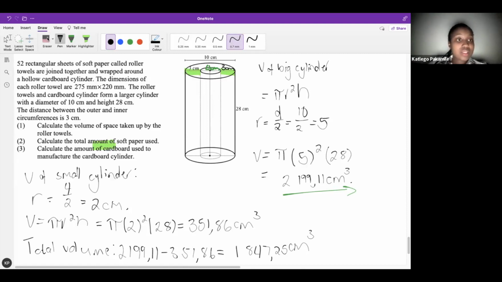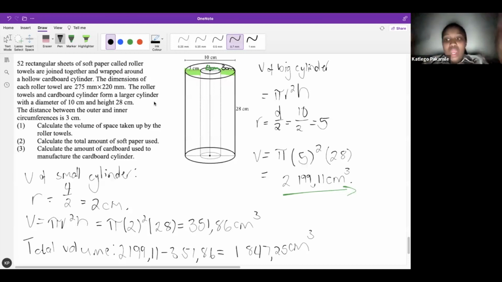Okay, now it says calculate the amount of soft paper used. Calculate the amount of cardboard used to manufacture the cardboard cylinder? The dimensions of each roller towel are that by that.